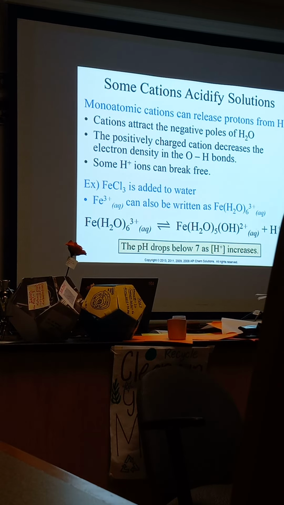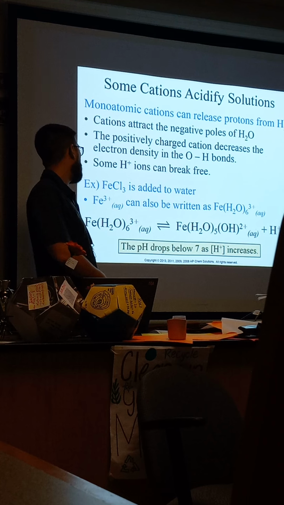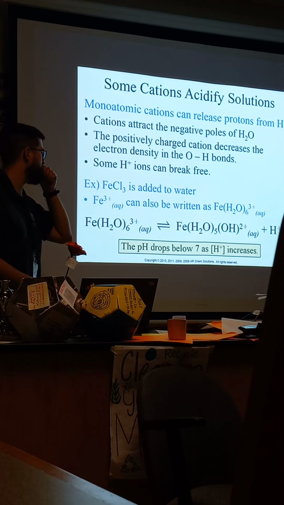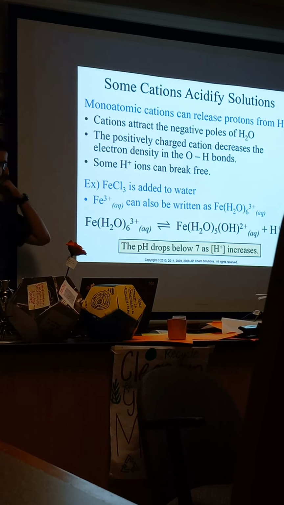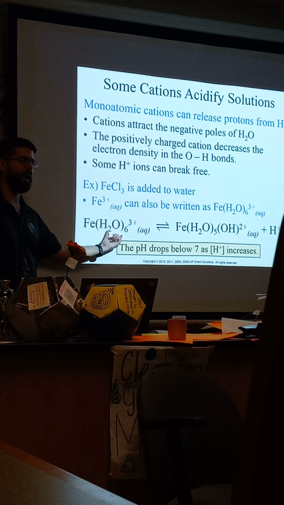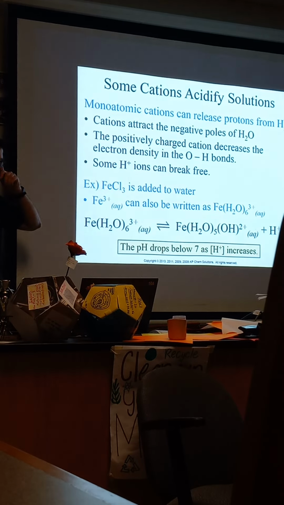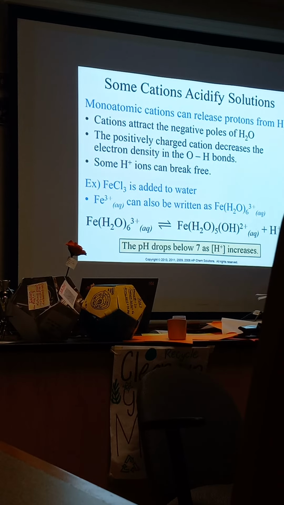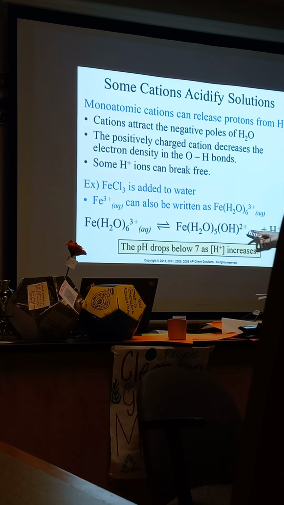And so, guys, if we add FeCl3 to water, you'll have some Fe3 plus, and then that Fe3 plus can get 6 waters to come onto it and say, hey, how's it going? And then it can cause one of those waters that attach themselves to it to lose an H plus.